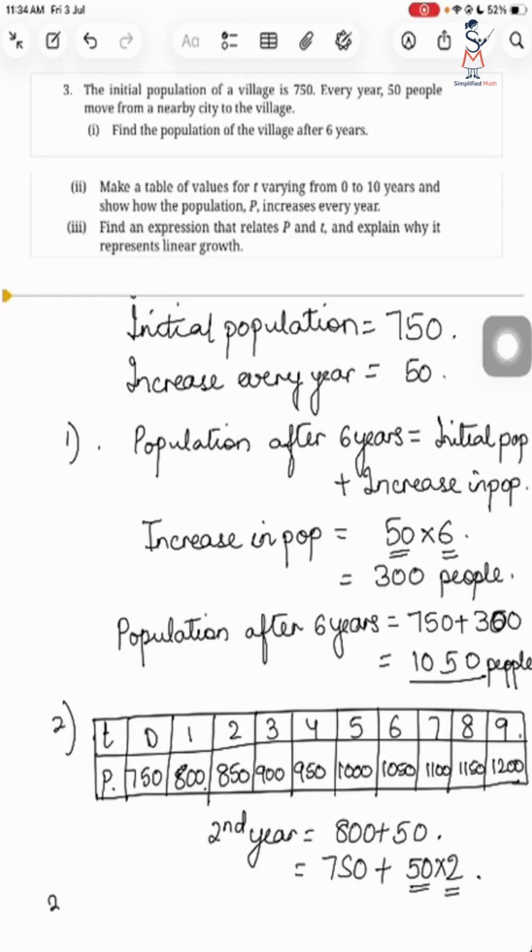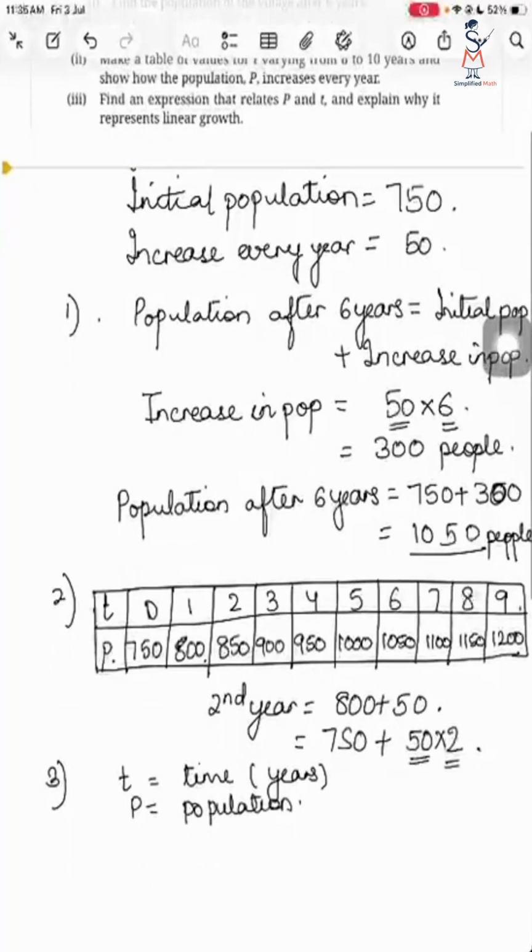Now for the third part, you have to show a relationship between P and T. T is the time, that is in years here, and P is the population after that many years. Okay. Now, what is P?